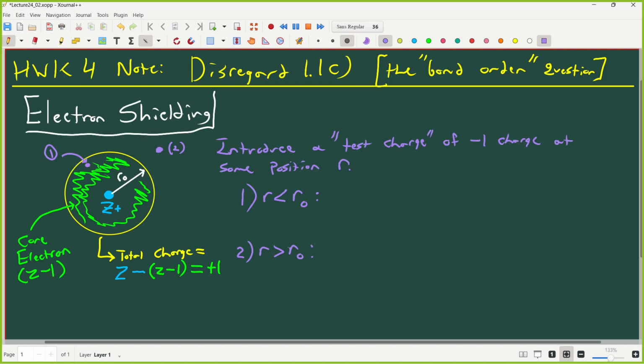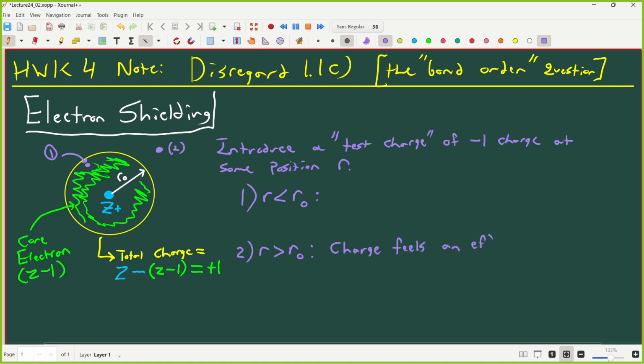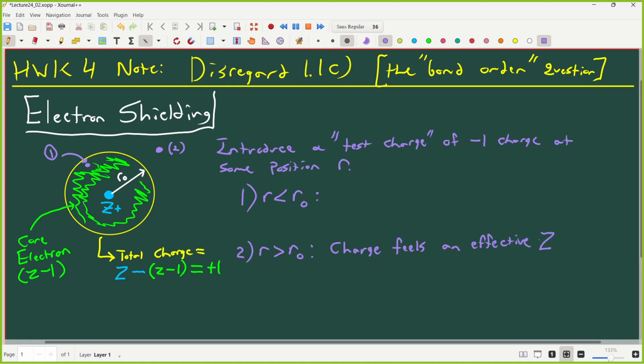The whole thing just looks like all the electrons inside cancel out all but one of the positive charges in the nucleus. So at position 2, the charge that the electron feels is an effective nuclear charge of approximately +1.